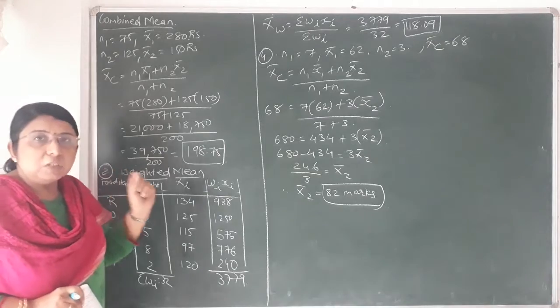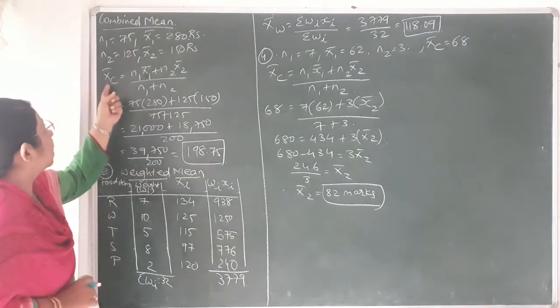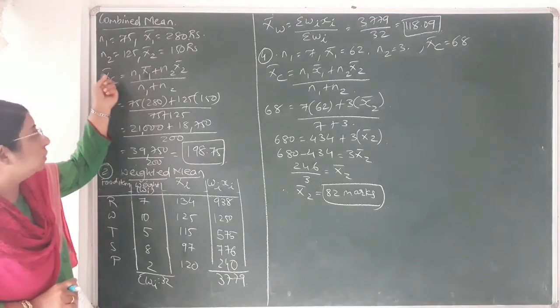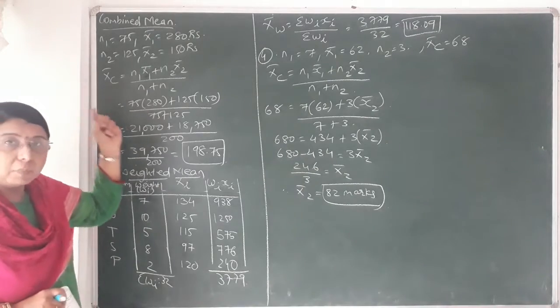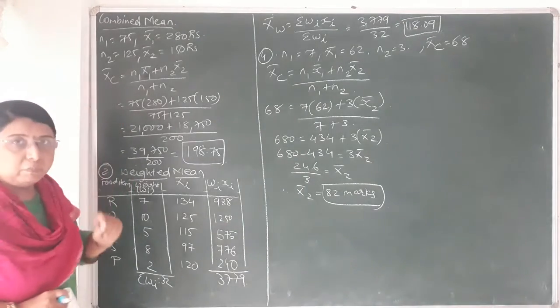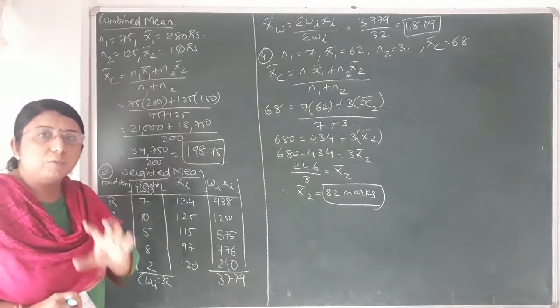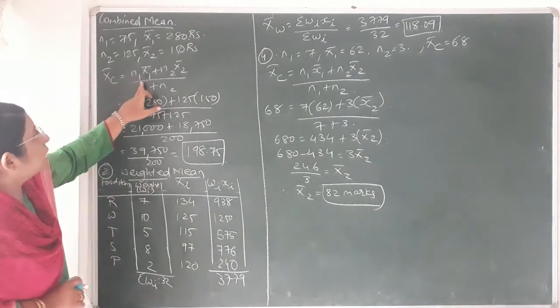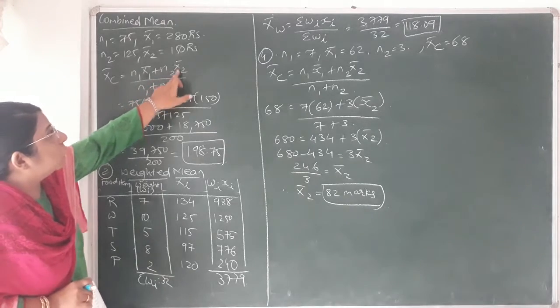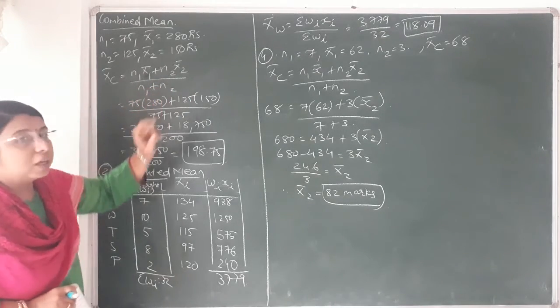The combined mean, students, is denoted by x bar c, C for combined mean. The formula to find the combined mean of different groups of observation is n1 x1 bar plus n2 x2 bar upon n1 plus n2.